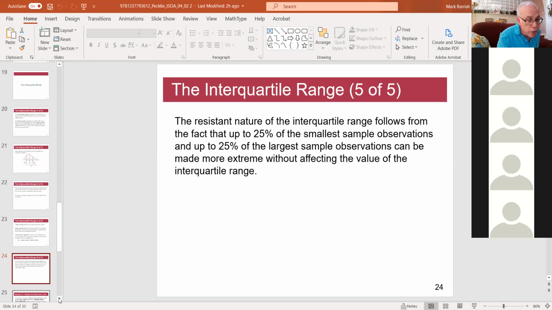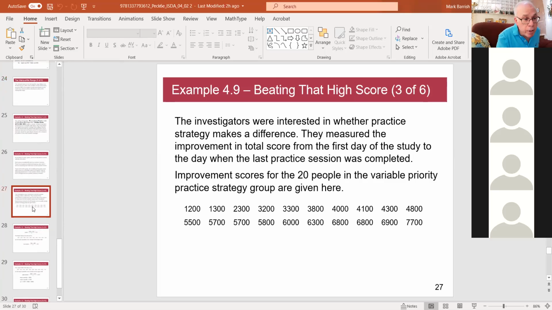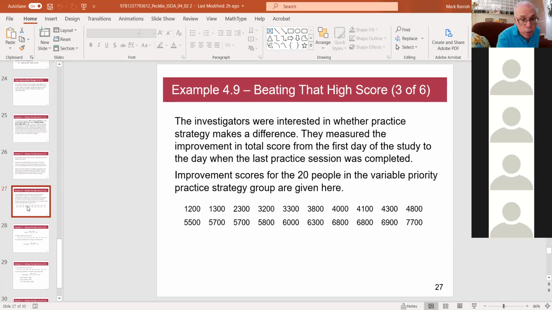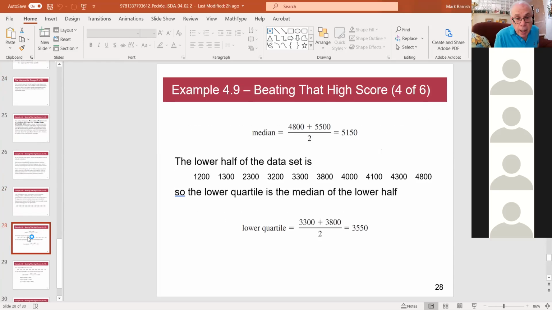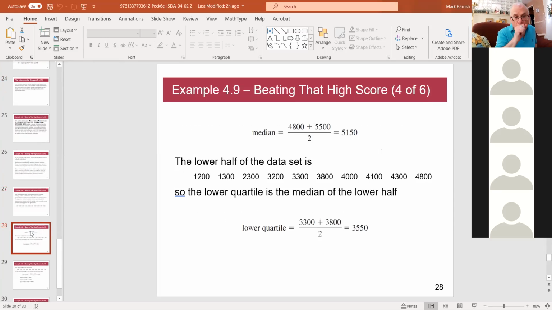And then finally, in this chapter, they give an example data set. So here's a data set, 20 people. This has to do with improvement scores, whatever that has to do with. It doesn't really matter. Because there are 20 numbers in the data set, if you order it from smallest to largest, take the two middle values and average them, that's your median. Then you take your lower half of the data set, all the numbers that are less than 51.50, and find the median of those numbers.